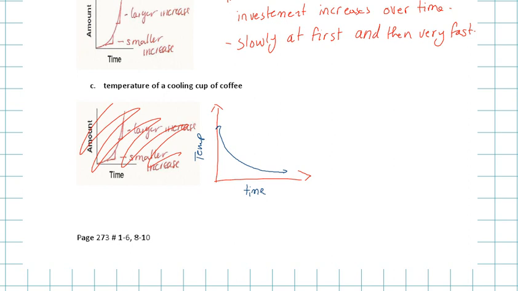Because when it gets to the room temperature, it's not gonna get colder than the room temperature. Okay? So what we see is at the beginning we're gonna have a fast decrease in temperature, and then it's gonna slow down as the temperature of the coffee cup gets close to room temperature. Should drink my coffee before it gets to that point.